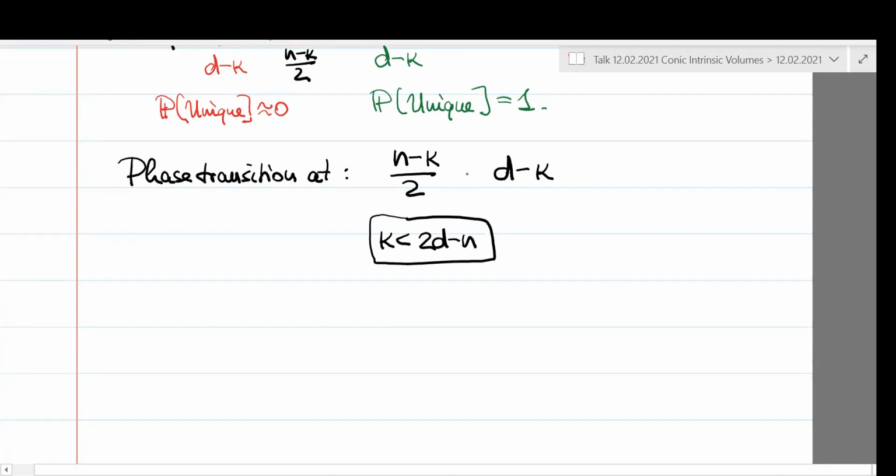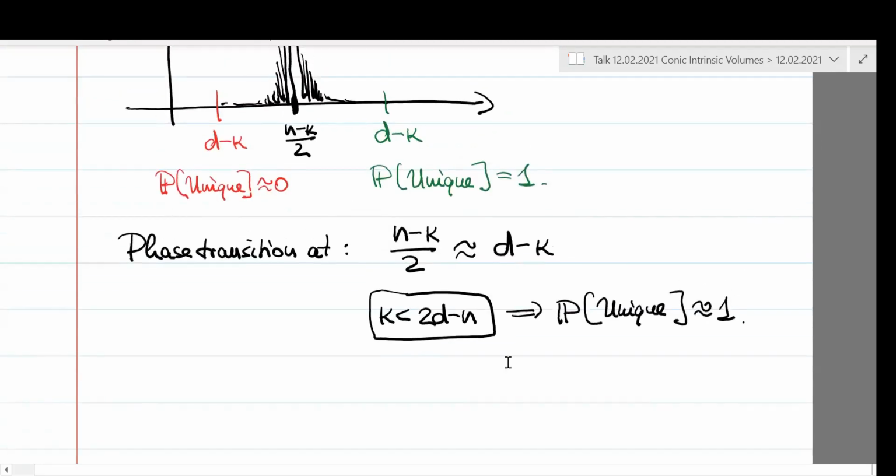So the phase transition is where they are equal, but if we have this, then p unique is approximately 1 in some asymptotic setting. We can assume k and d are linear functions that grow linearly in n, and then we can write it as an inequality under which this holds.